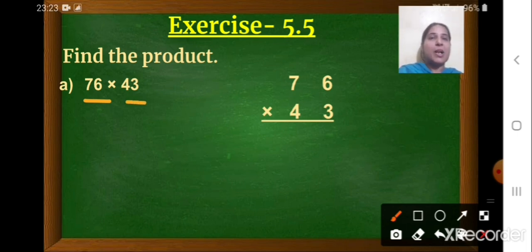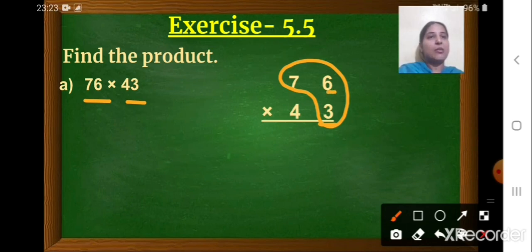So first we will multiply the multiplicand by the digit at the ones place. And what is the ones place of the multiplier here? 3. So first we will multiply 6 by 3, or 6 3s are, or 3 6s are 18. So 8 we will write here, and 1 will be carried over to the tens place of the multiplicand.